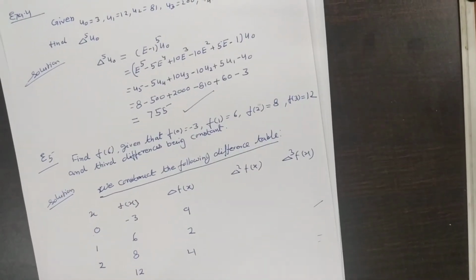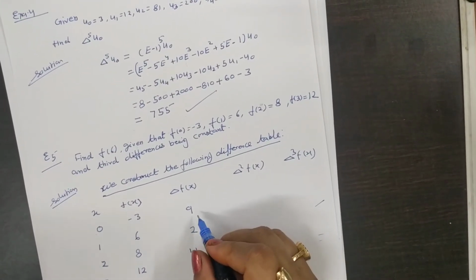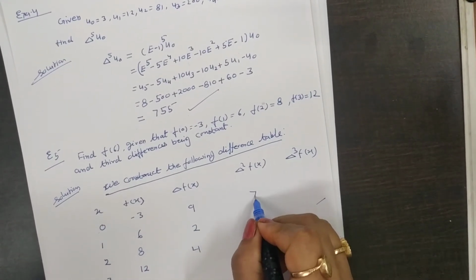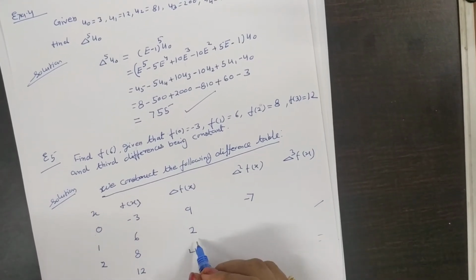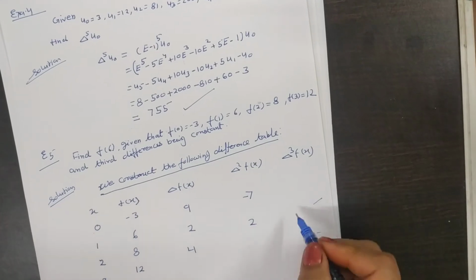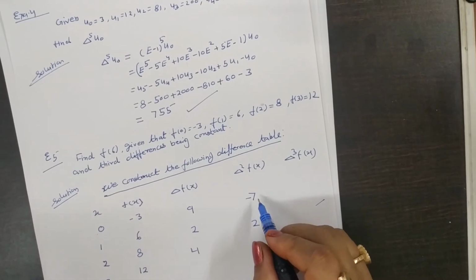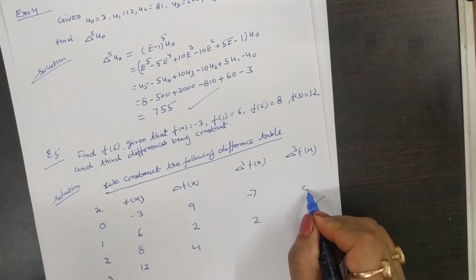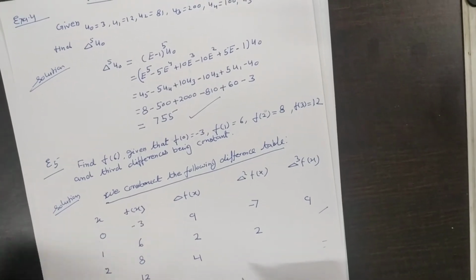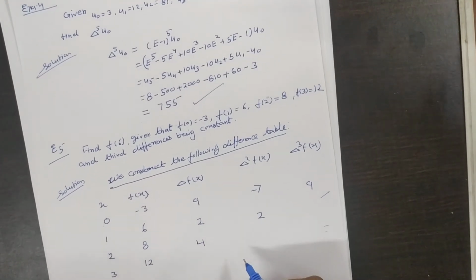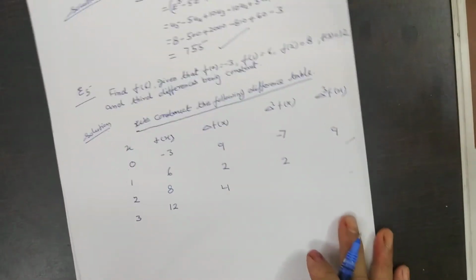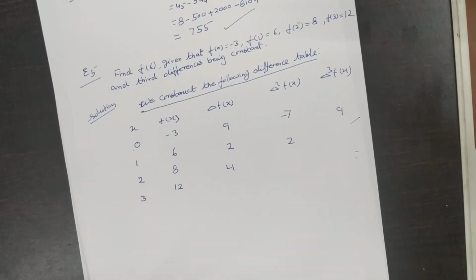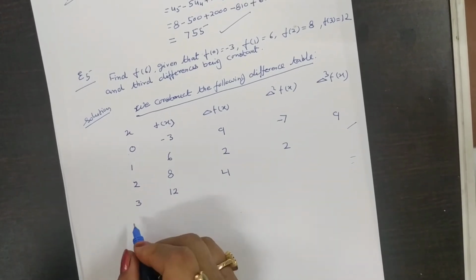Now delta square is 2 minus 9, that is minus 7. 4 minus 2, that is 2, and also 2 minus minus 7, that is 9. This completes the table. This is very simple if you convert this in table form.